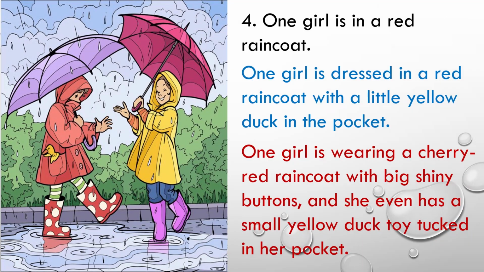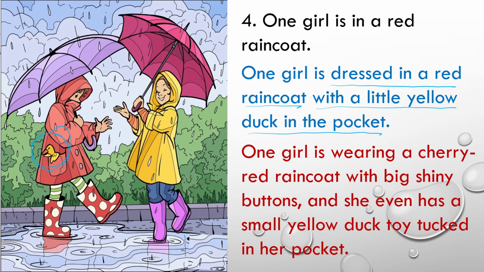Next sentence: one girl is in a red raincoat. A simple sentence. What you can see in the picture, you can write it. One girl is in a red raincoat. Now adding details again. One girl is dressed in a red raincoat. What else can you see? Just see closely. There is a duck. So with a little yellow duck in the pocket that you can add. Visual details, right?